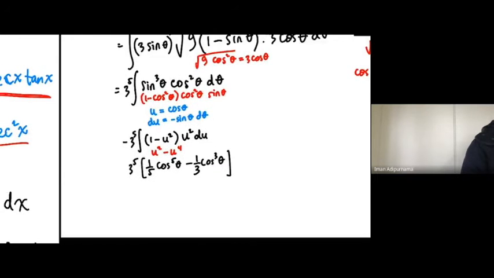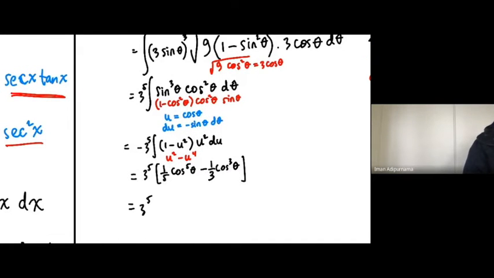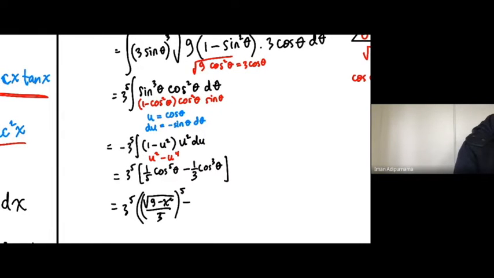Now this becomes, let me just write 9 minus x squared over 3, to the 5. Oh, wait.